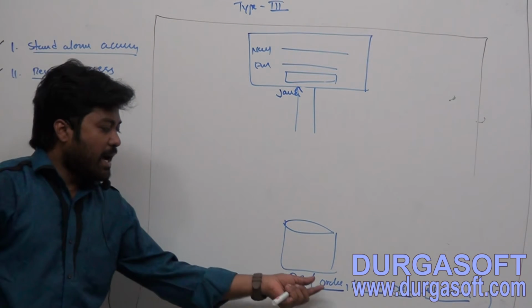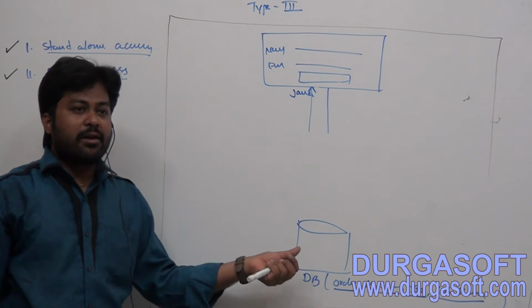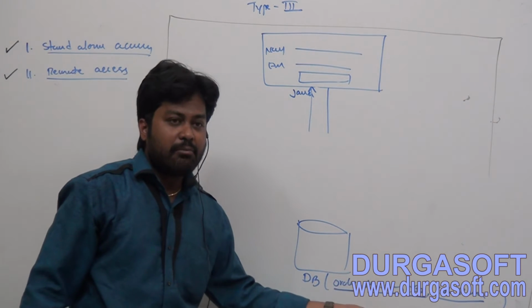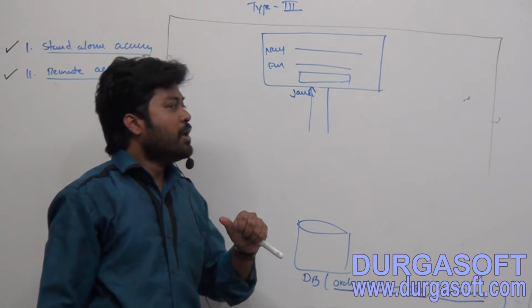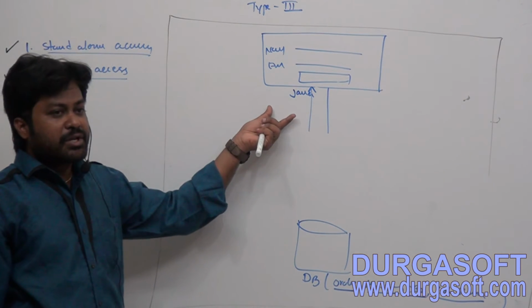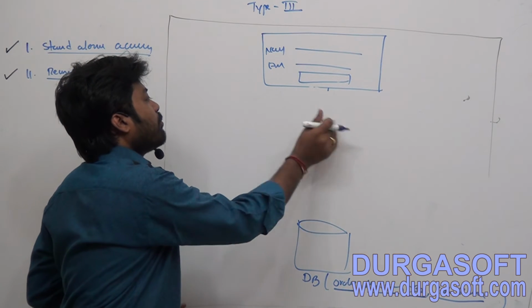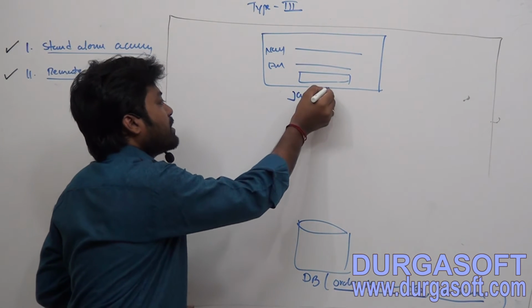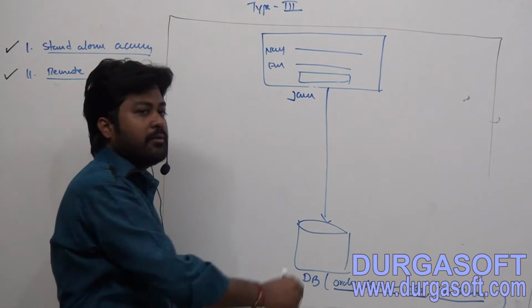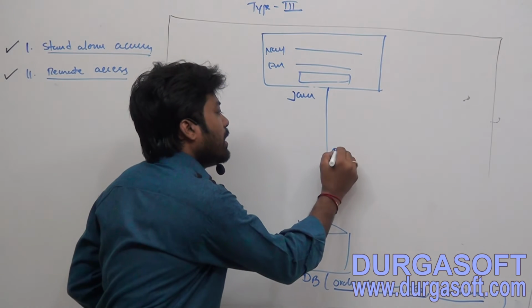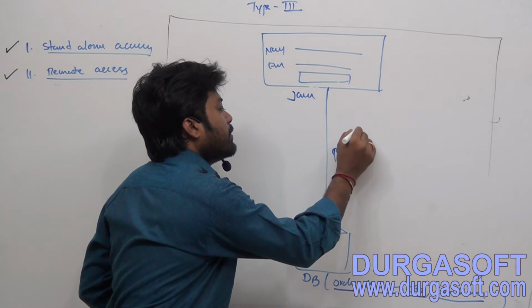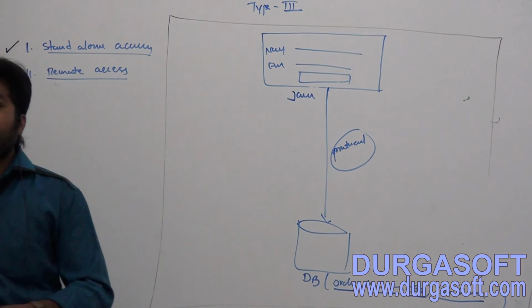If it is Oracle, it will use the Oracle required protocol. If it is MySQL, it will use one type of protocol. So this Java application, by using that protocol, needs to make calls on the database.